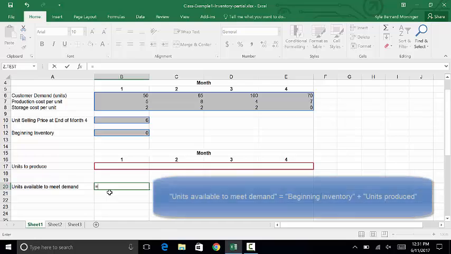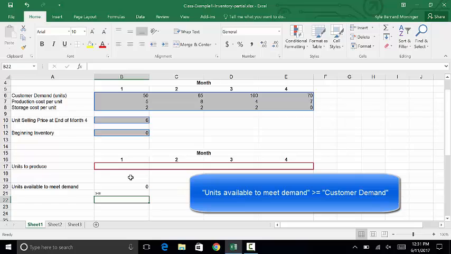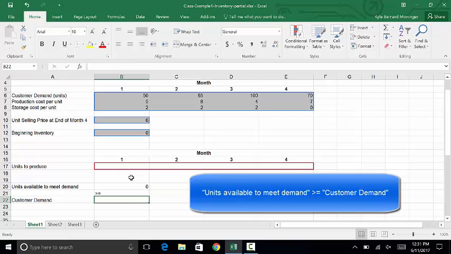In this problem, it's going to be equal to what I have at the beginning of the month, beginning inventory, plus whatever I produce in that month. I want to meet demand, so this cell must be greater than or equal to customer demand. Customer demand is located up here in B6, 50 units.